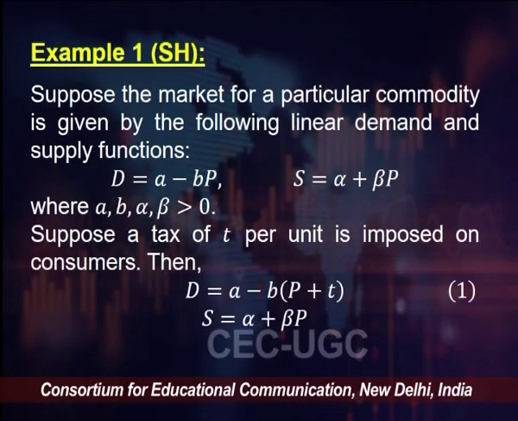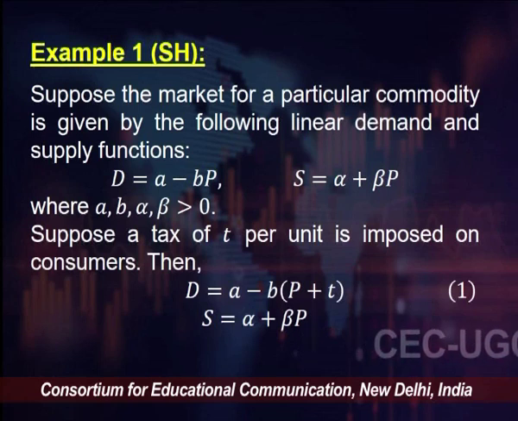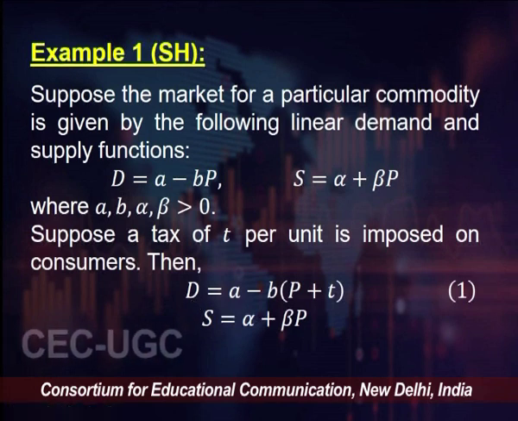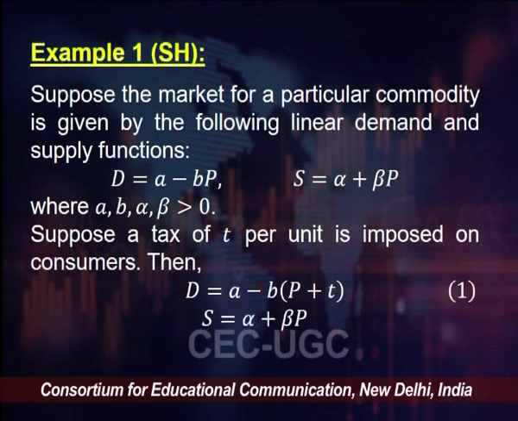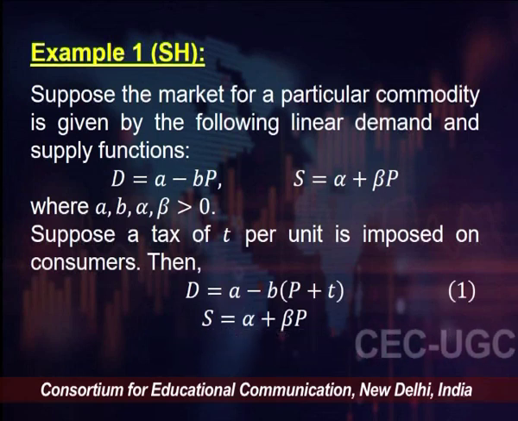If you compare this with the original demand function without the tax, which is D equal to A minus B times price, with the P plus T, this implies that the demand curve after tax would shift to the left exactly by the amount of the tax. So, the demand function will shift towards the origin by the full amount of the tax.